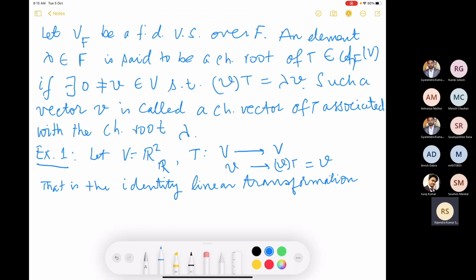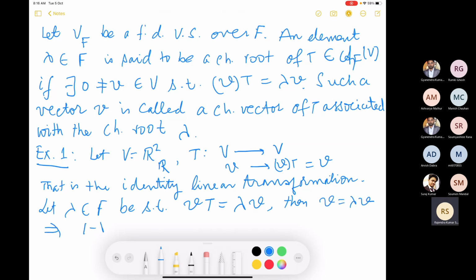And naturally, if you want to see the eigenvalue, suppose that lambda in F is such that Vt is equal to lambda V. Then since Vt is V itself, V is equal to lambda V, and that makes (1 minus lambda)V equal to 0.